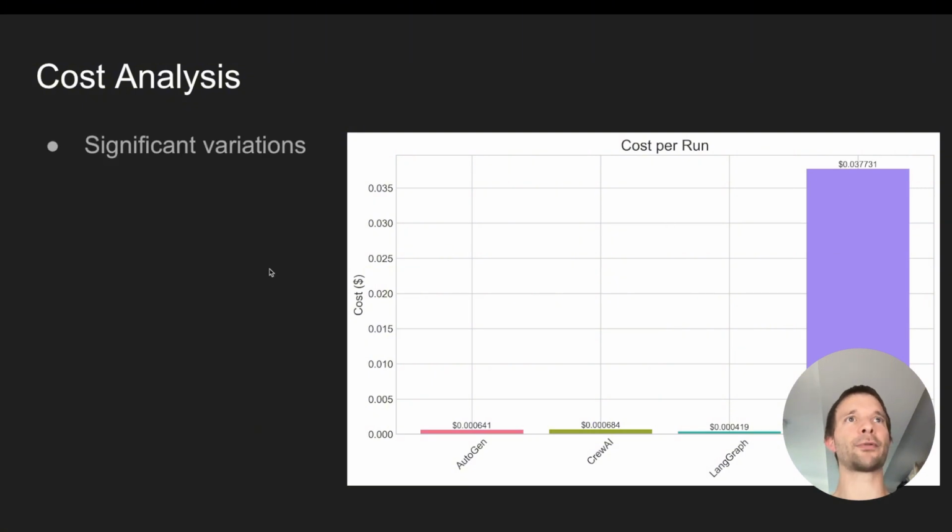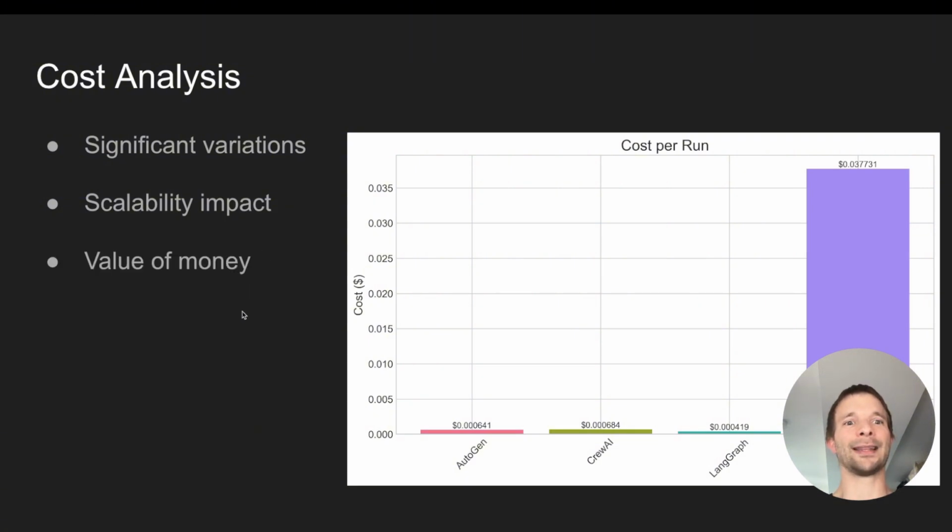So why is this important? First of all, we have those significant variations. Of course, if you want to scale one of those frameworks, costs are definitely important, so scalability is impacted by the costs.